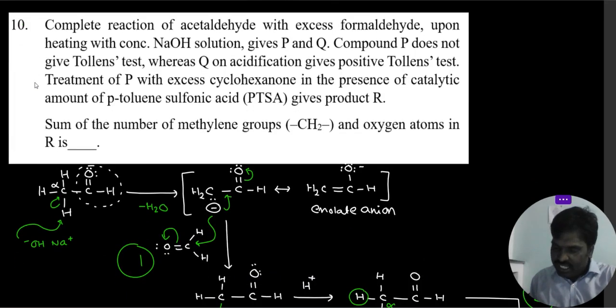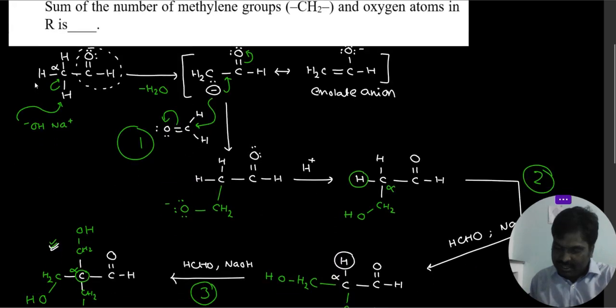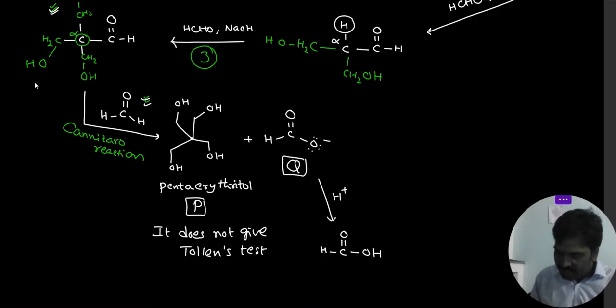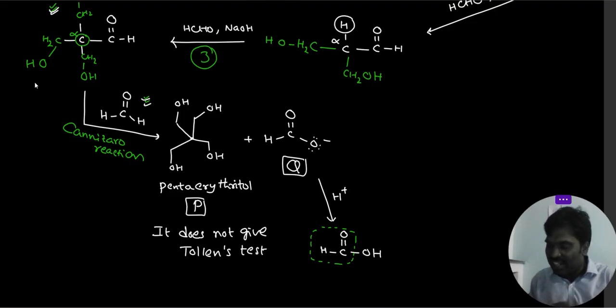Q on acidification gives positive Tollens test. So Q acidification means protonated with H plus, then you will get formic acid. Does it give Tollens test? Yes, 100%. This is an exception. In this formic acid, you can observe an aldehyde group.